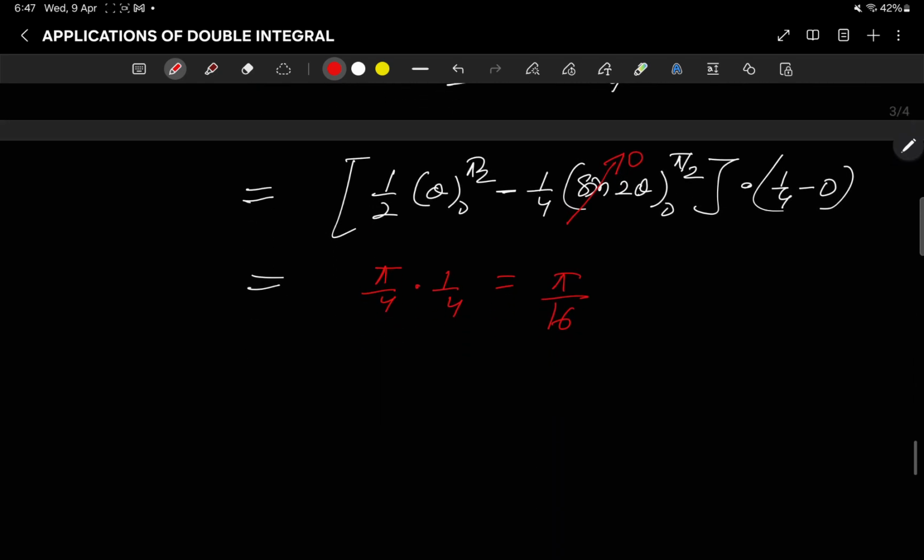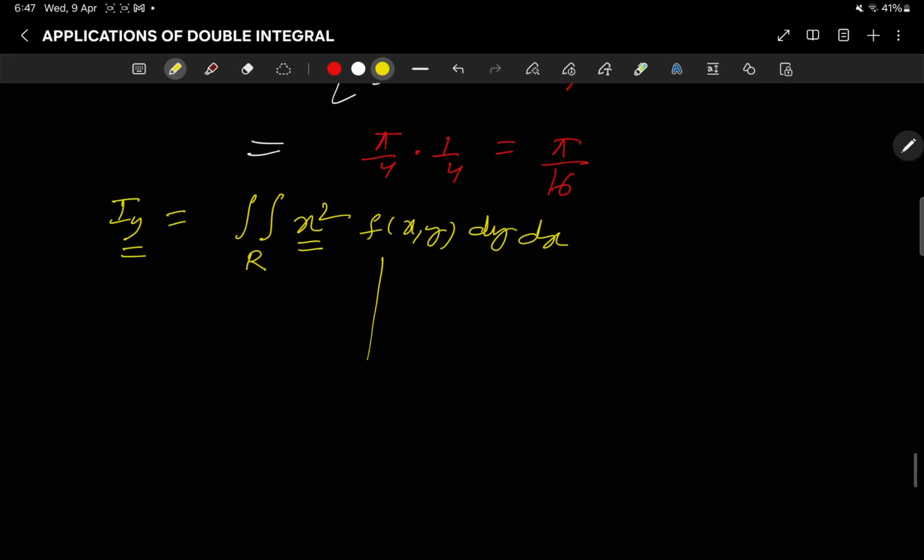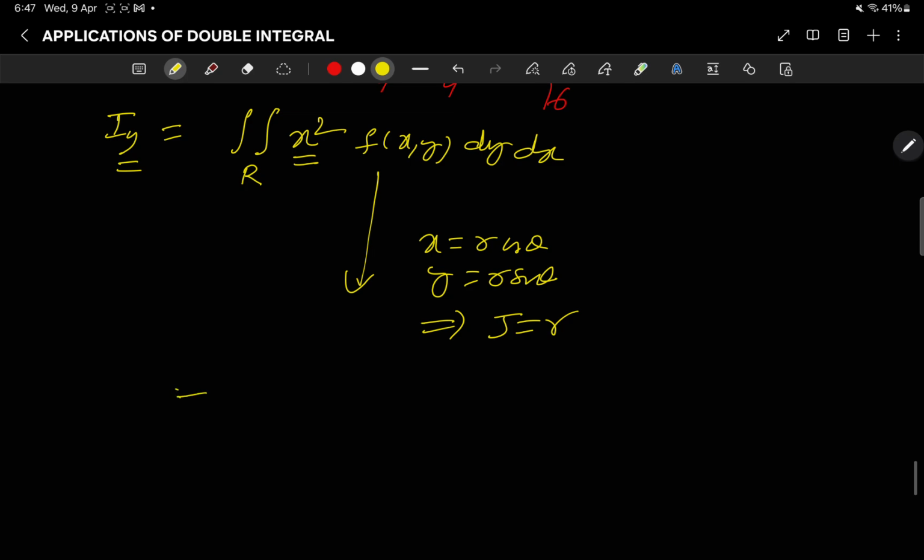Okay, similarly we find moment of inertia about y-axis. Iy is equal to double integral over the region R, it is x square, f(x,y) dy dx. If you change the variable, x is equal to r cos theta, y is equal to r sin theta, so that means my Jacobian is equal to r. So this integral will be reduced to x is r cos theta, into f is 1, f(r, theta), into Jacobian, dr d theta.